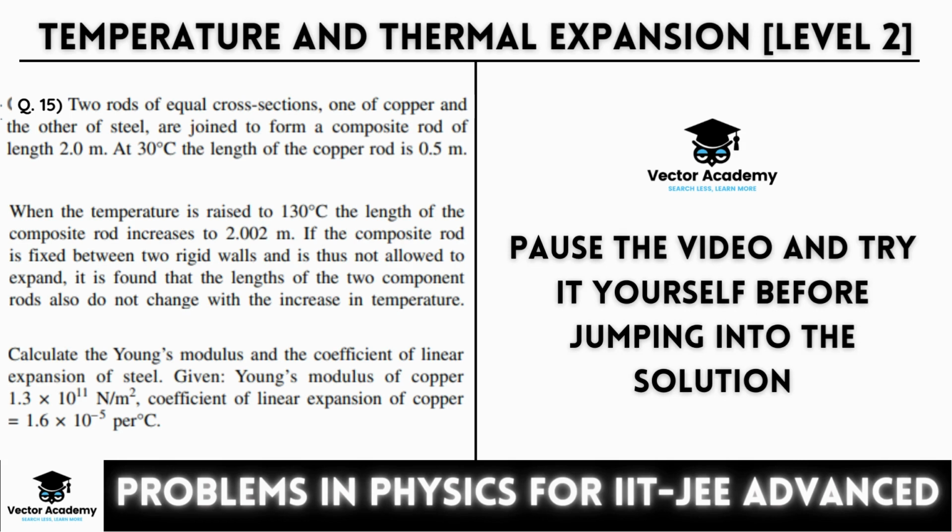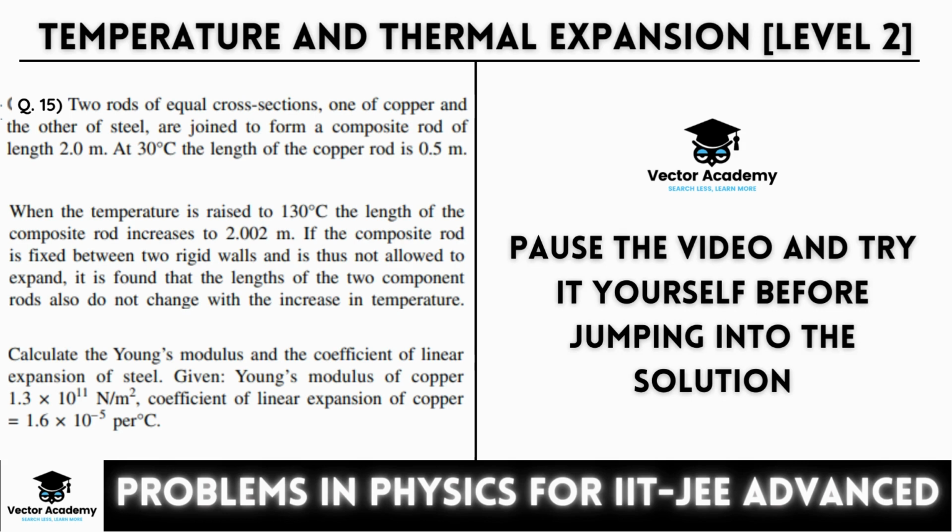If the composite rod is fixed between two rigid walls and is thus not allowed to expand, it is found that the lengths of the two component rods also do not change with the increase in temperature. Calculate the Young's modulus and the coefficient of linear expansion of steel.